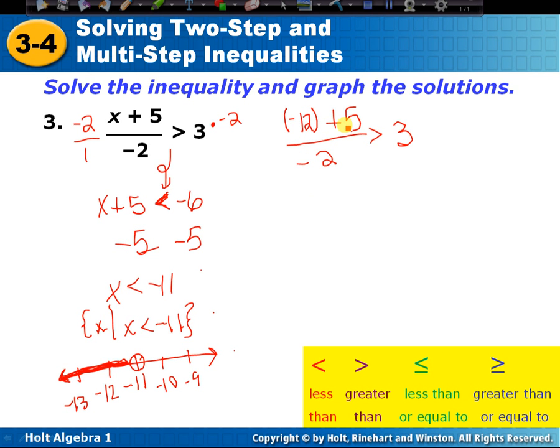Now, negative 12 plus 5 is going to give me negative 7 over negative 2, is greater than 3. Negative 7 divided by negative 2 is going to give me positive 3.5, which is greater than the number 3. So this is how it checks out, and it is a true statement.